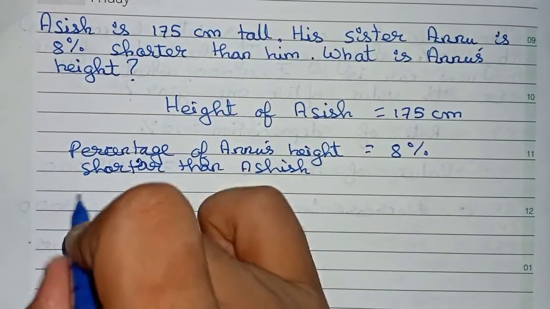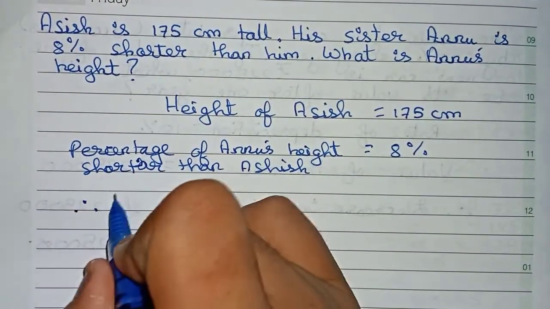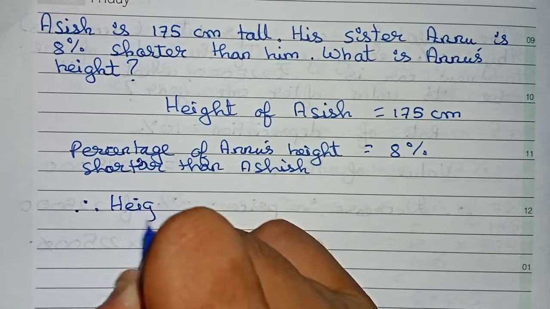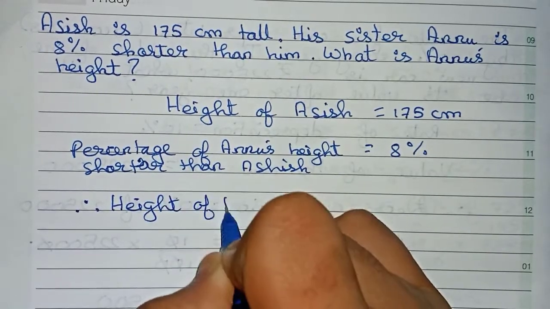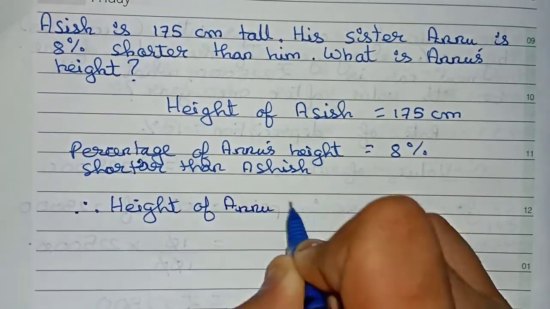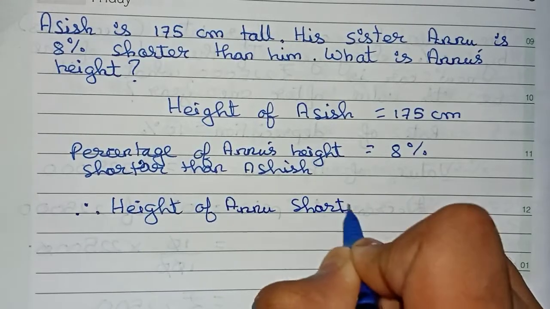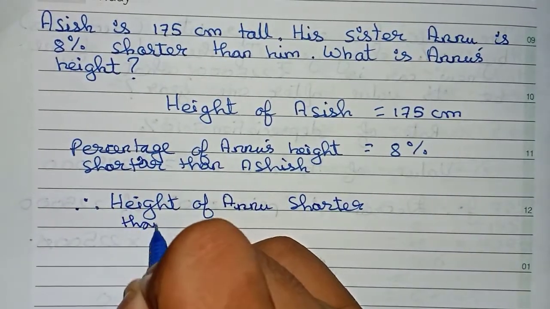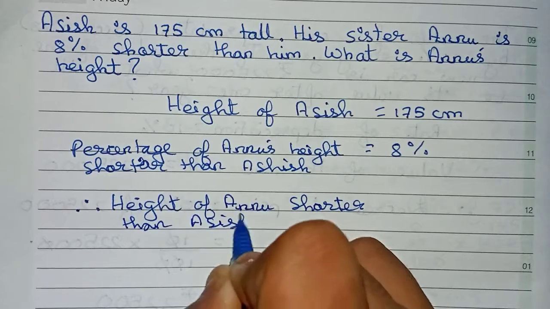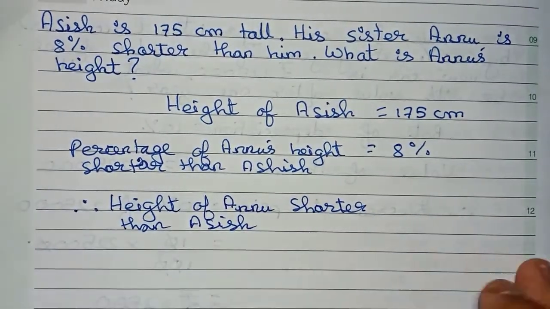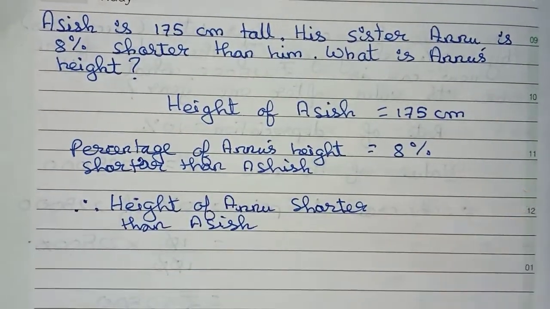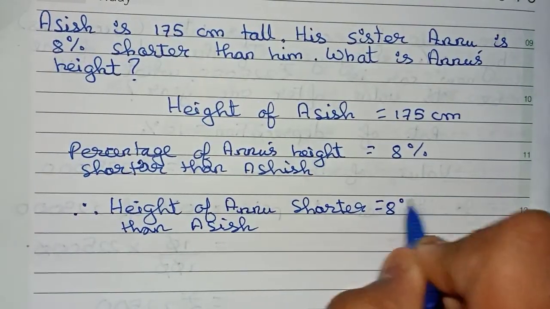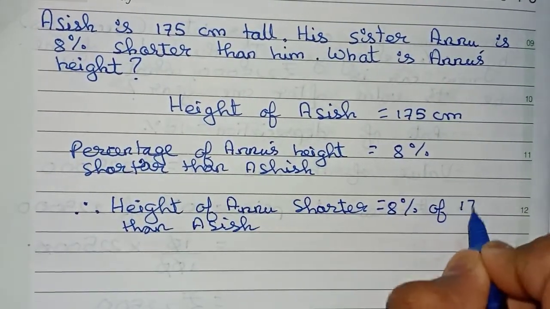Therefore we write now the height of Annu shorter than Ashish. Here we have to write how much she is shorter than him. So it will be 8% of 175 centimeter.